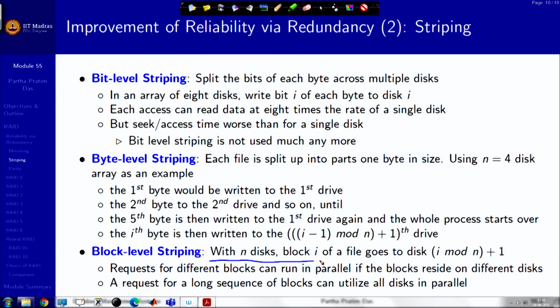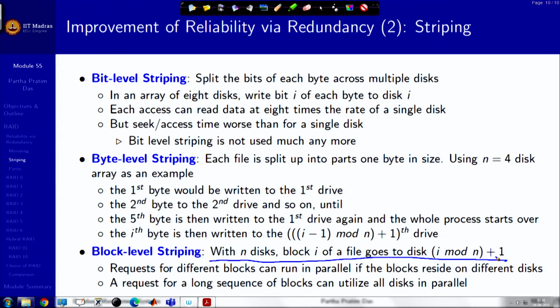What is more common is block level striping with n disks. You write block I to disk (I mod n) plus 1. So, block 0 goes to disk 1, block 1 goes to disk 2, and so on. Block is the basic unit in terms of which we request, as we have already talked about several times.